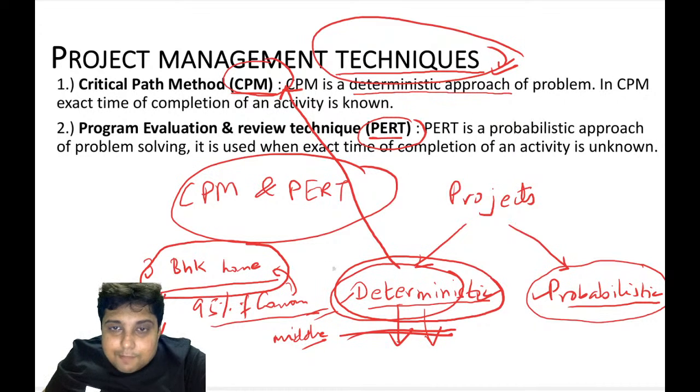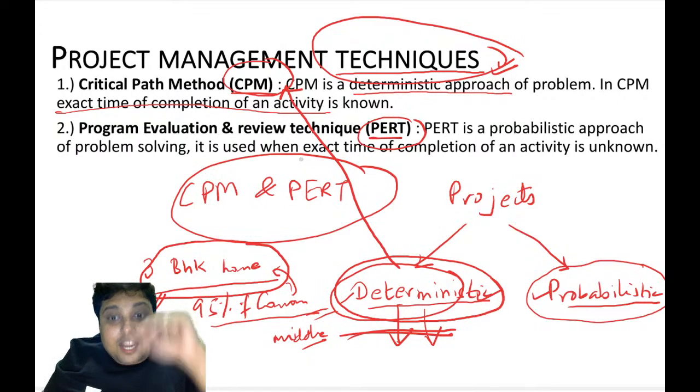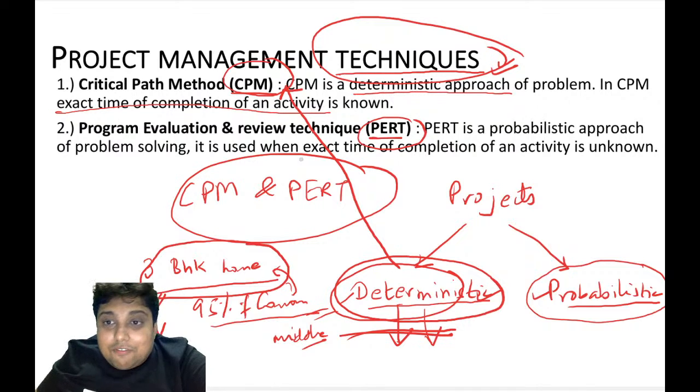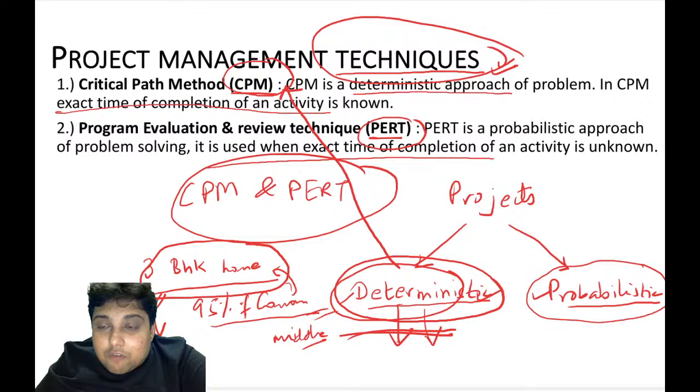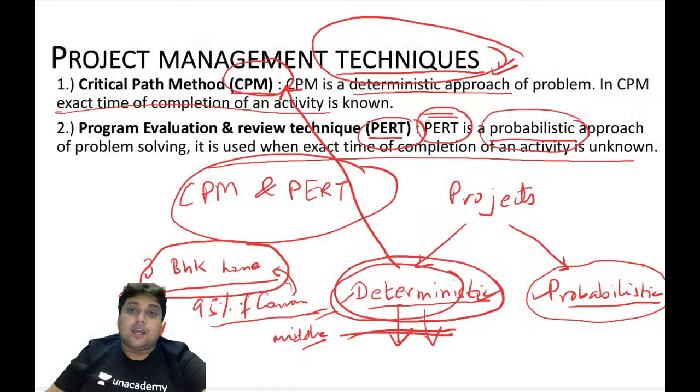When you have such a project where you know the exact time of completion of an activity, when you know the exact resources that are going to be consumed in the project in different activities, then you will use the CPM. But if you are unaware of that, when you do not know the exact completion of an activity, then you will have a probabilistic approach or you will have a probabilistic project. In that case, you will have to use the PERT technique, program, evaluation and review technique.